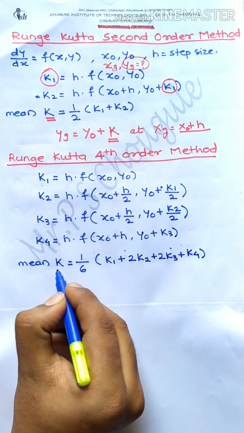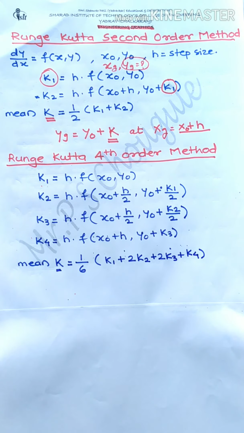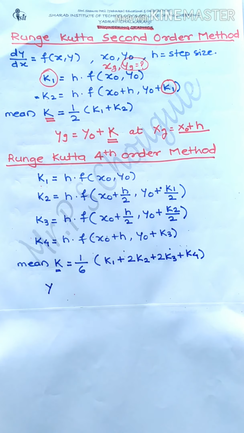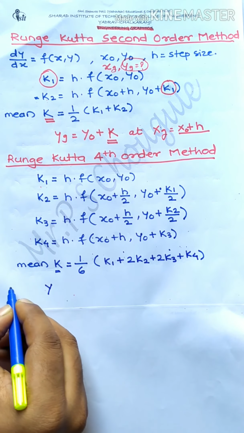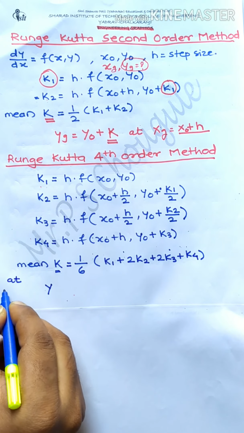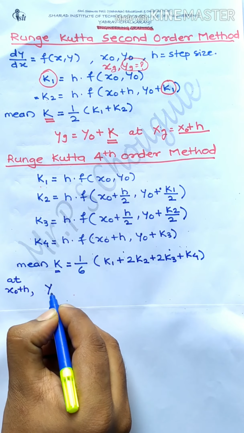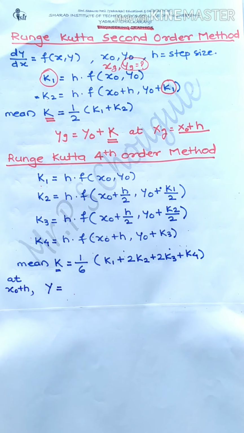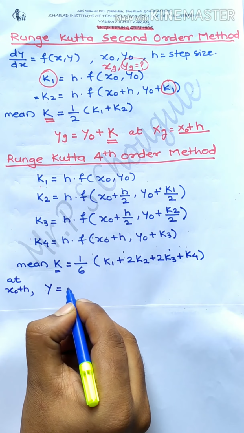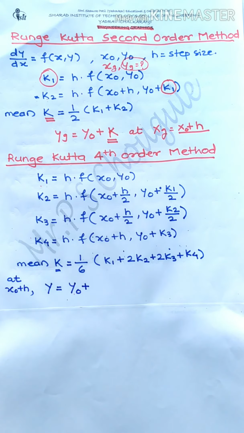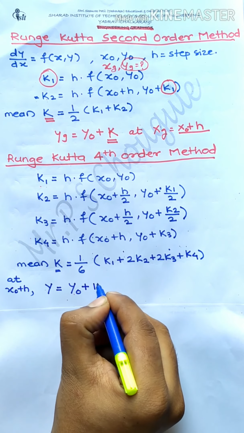By this way, you will get the value of k, and after getting this, you need to find the next value of y at the next value of x. Or I will write here, at x0 plus h, you will get the value of y, which is equal to y0 plus the value of k.